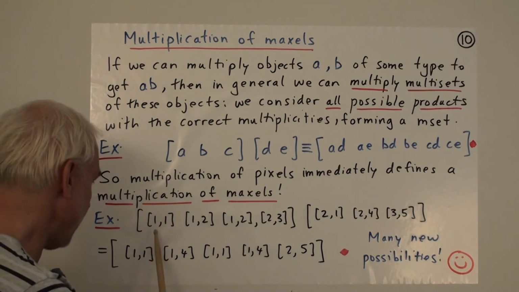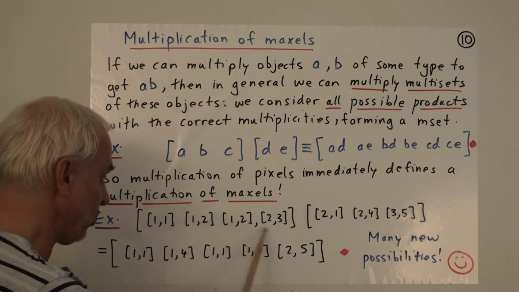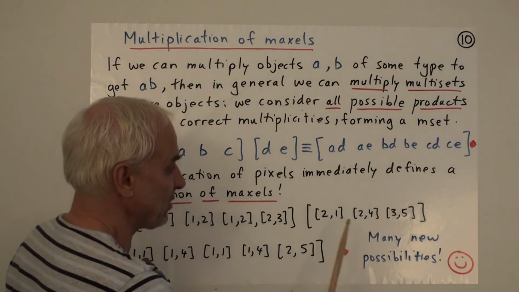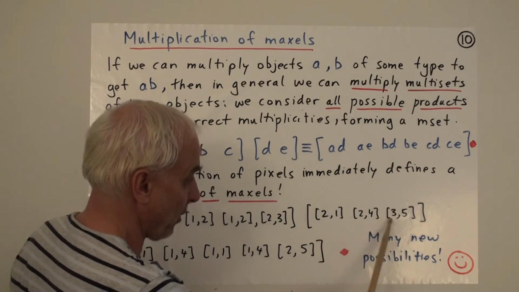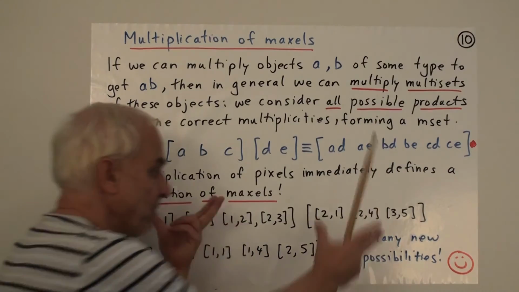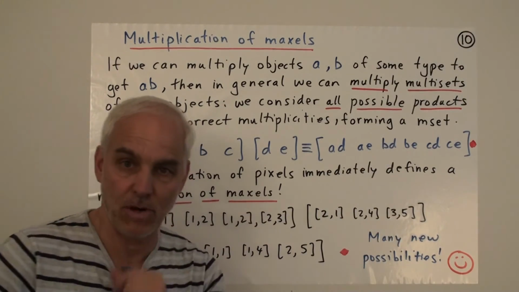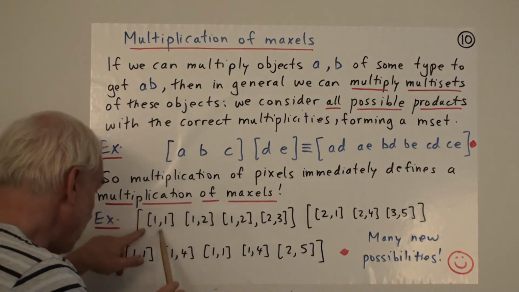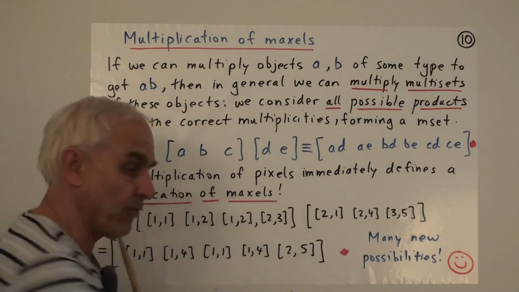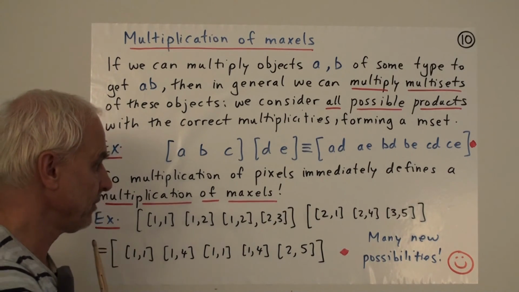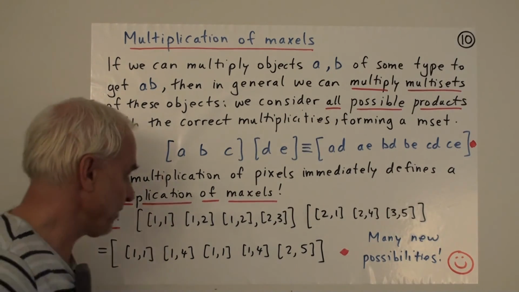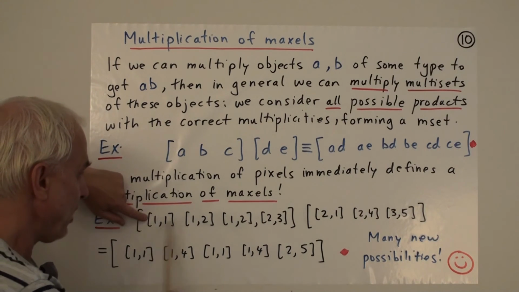So this maxel contains the pixels 1,1, 1,2, 2,3, and over here this maxel contains the pixels 2,1, 2,4, 3,5. So in order to multiply these maxels, what we're going to do is multiply each one of these with each one of those. Okay, so let's do that. So 1,1 times 2,1.